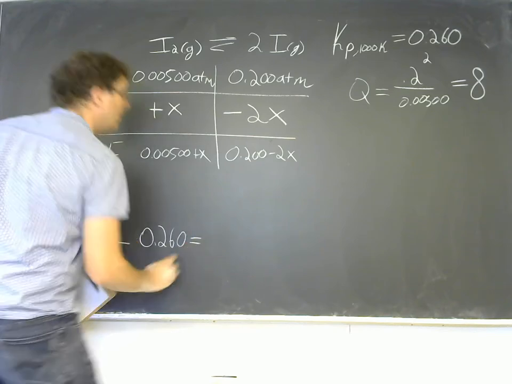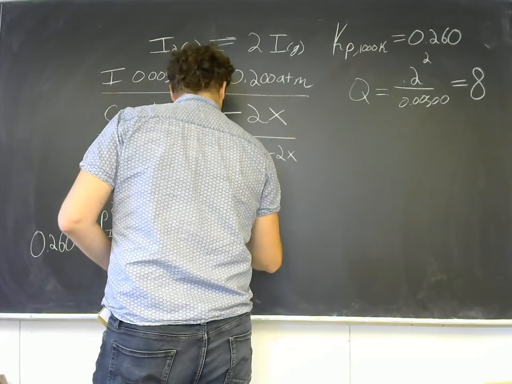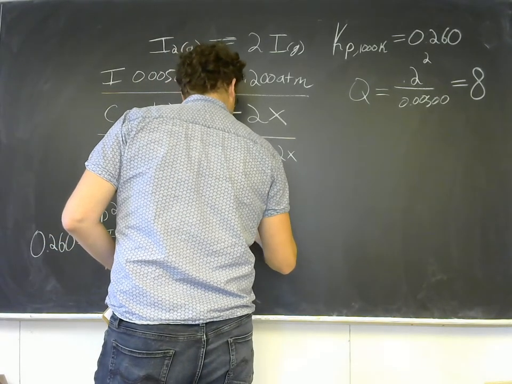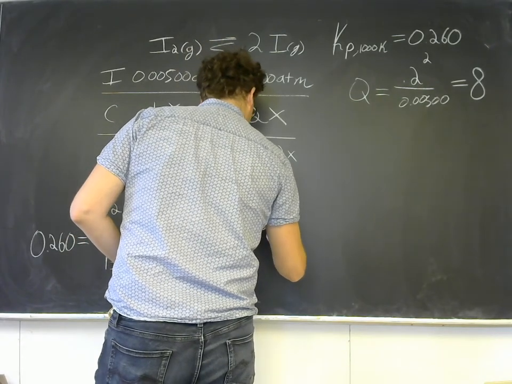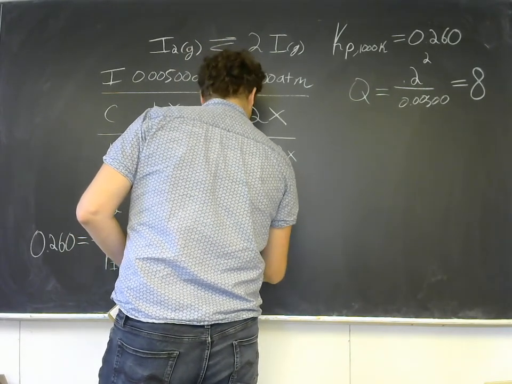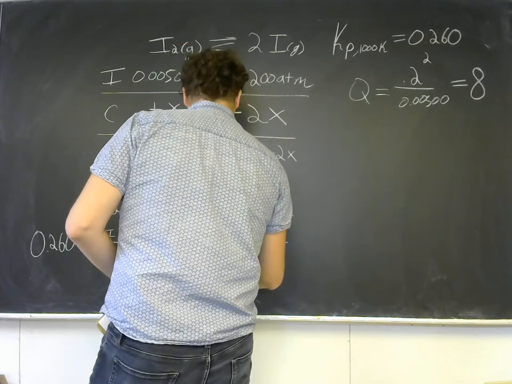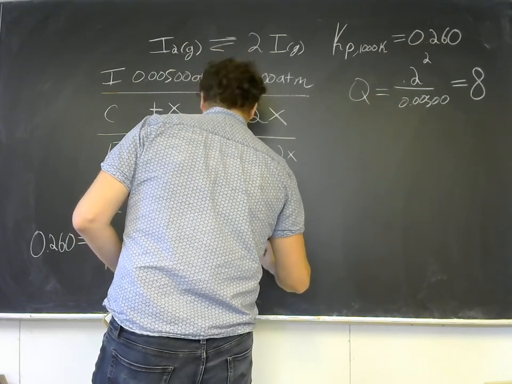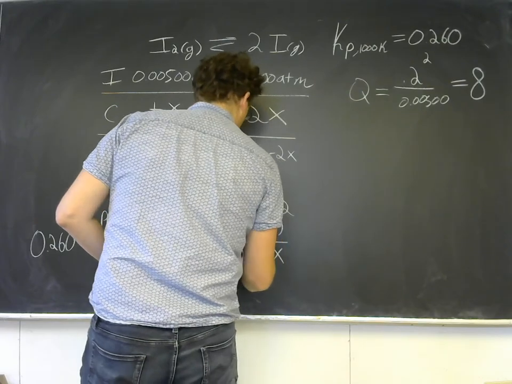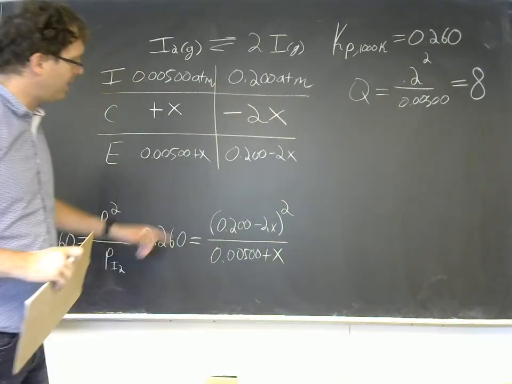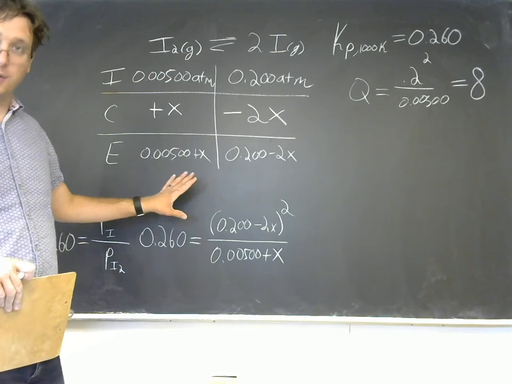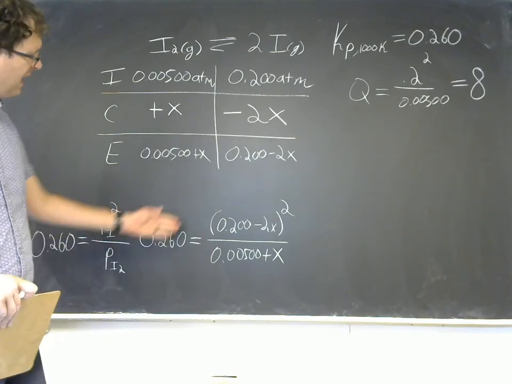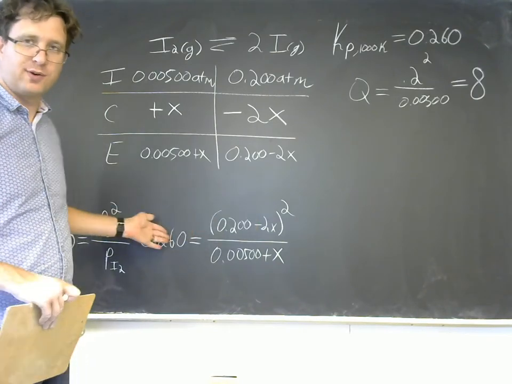And we can go ahead and plug this in now to the equilibrium expression. 0.260 is going to equal 0.200 minus 2x squared over 0.00500 plus x. And now we have an equilibrium expression that we cannot easily take the square root of both sides.